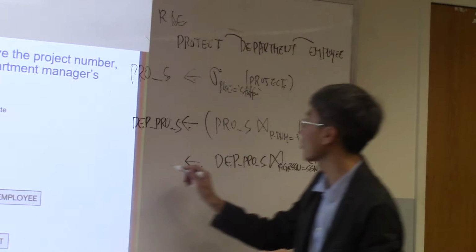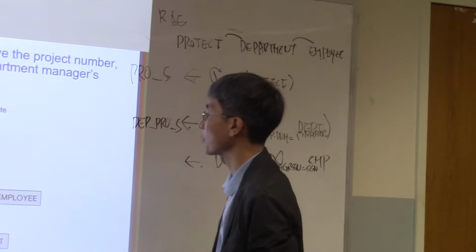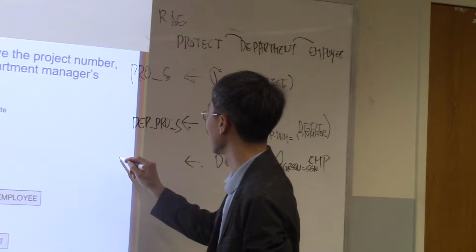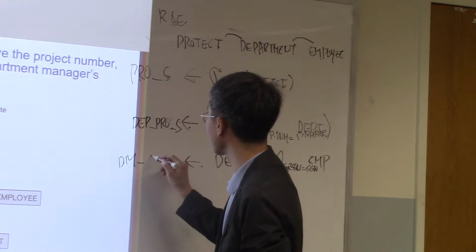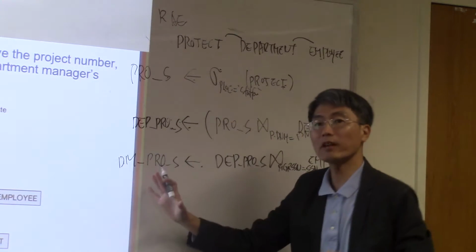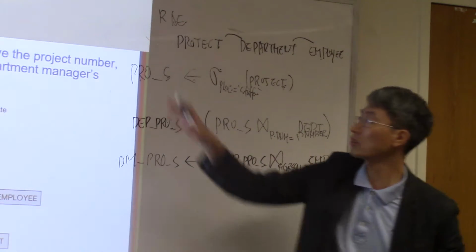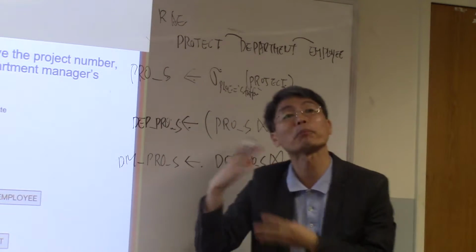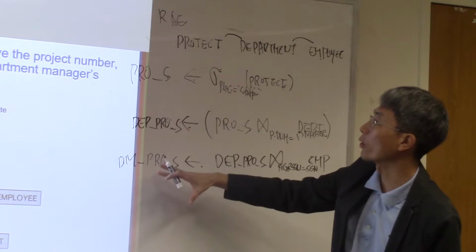Then this one is the employee, actually the department manager, whose project is in Stafford. This name can be whatever you want, as long as you can recognize it, because this name will be used temporarily.